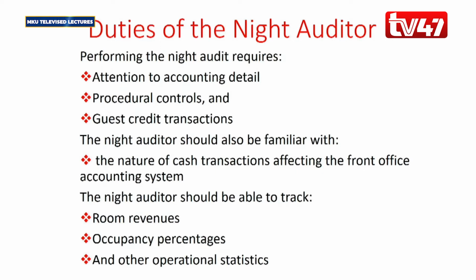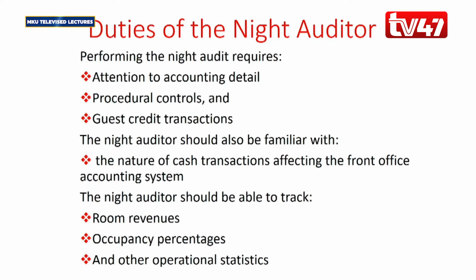There are particular duties that the night auditor performs. To be able to do those duties, they will first of all need to pay attention to accounting detail. An auditor has to look at the finer details of the transactions involved within the entire hotel revenue centers. The second thing is that they will require procedural controls.